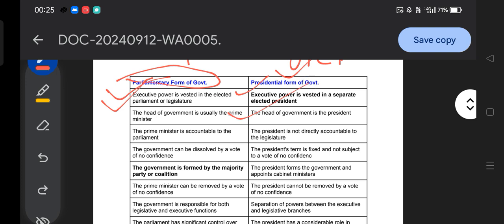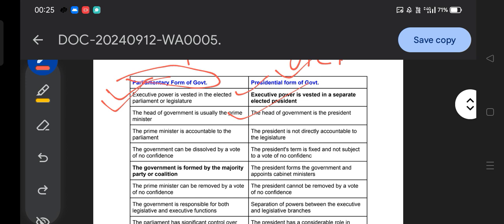Who is the head of the government? The president. The president is the head of the government. On the other hand, in the parliamentary form of government, the head of the government is the Prime Minister. Unlike that, in the presidential form, the head of government is the president.